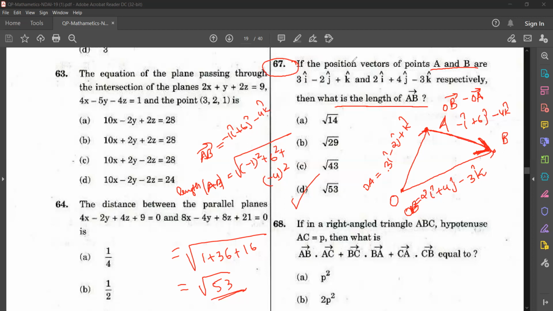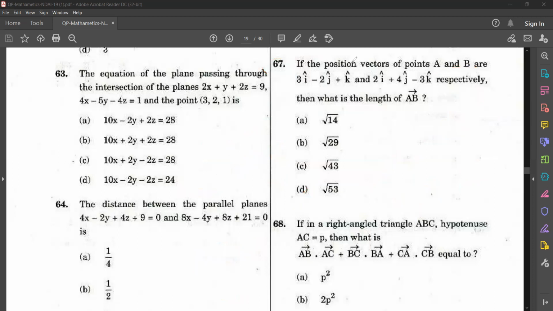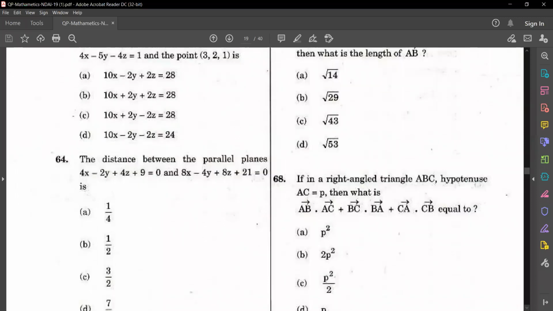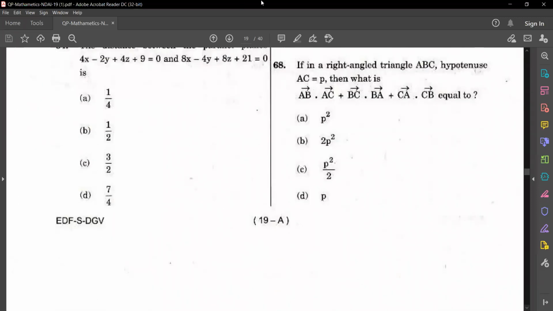Move on to the next question. Question number 68.